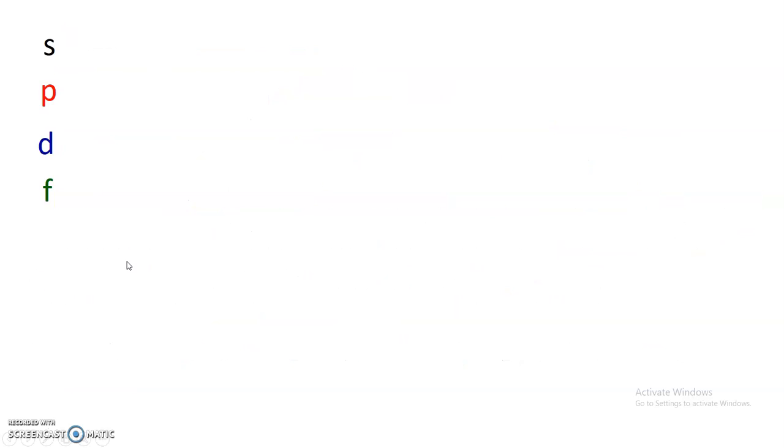Now consider four orbitals: s, p, d, and f. First of all, consider the s subshell and write it 2 times. Now consider the next set, ps. Write ps 2 times.